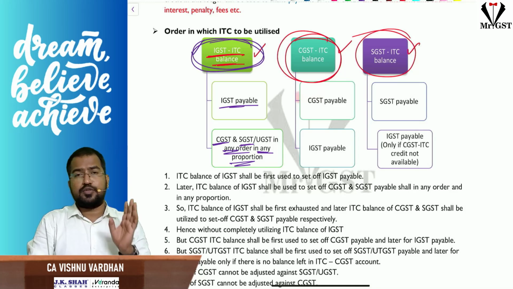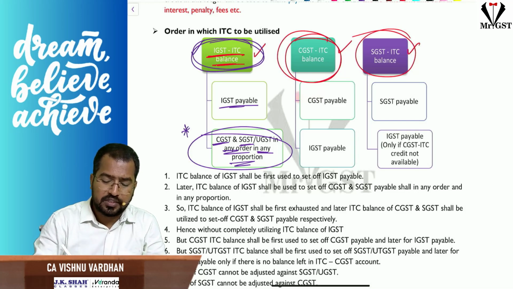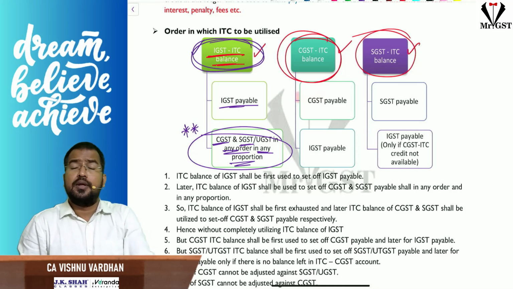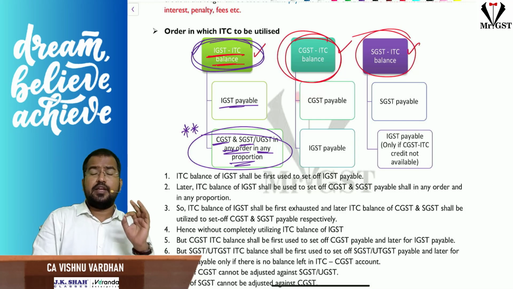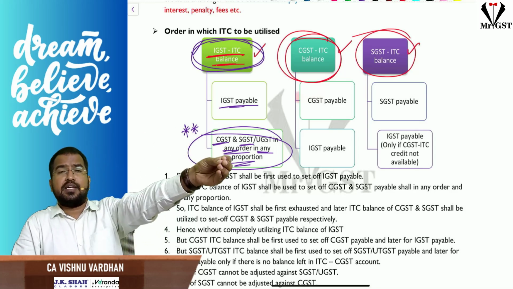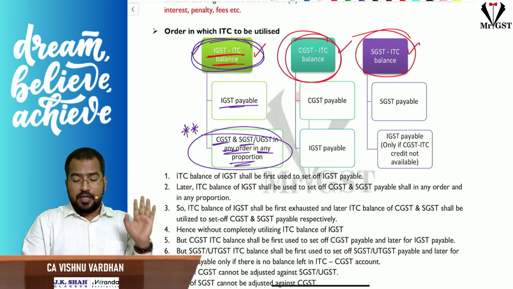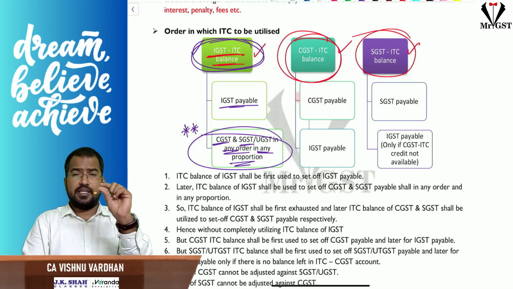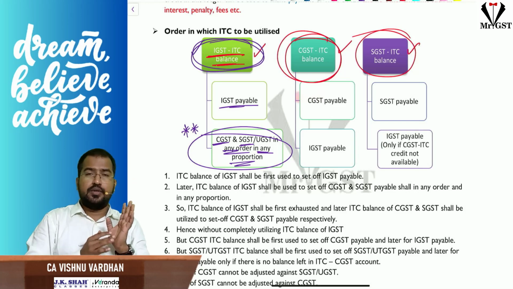But this is the crucial area you should focus on. Even though the law says any order, any proportion, you should use that money carefully and effectively, in such a way that your output tax liability becomes as minimum as possible. This is the area where you should make sure your IGST ITC balance is more effectively utilized. How that can be done, I will teach you in the example.